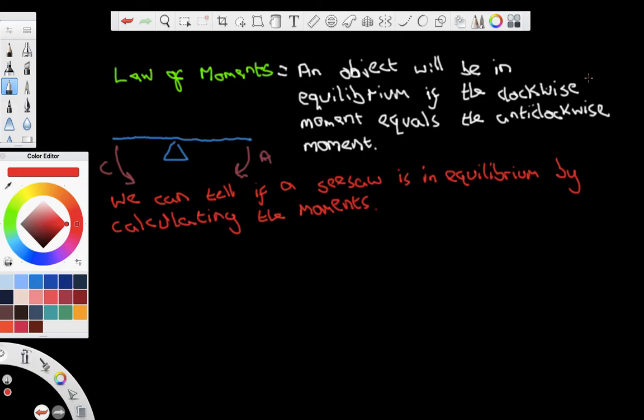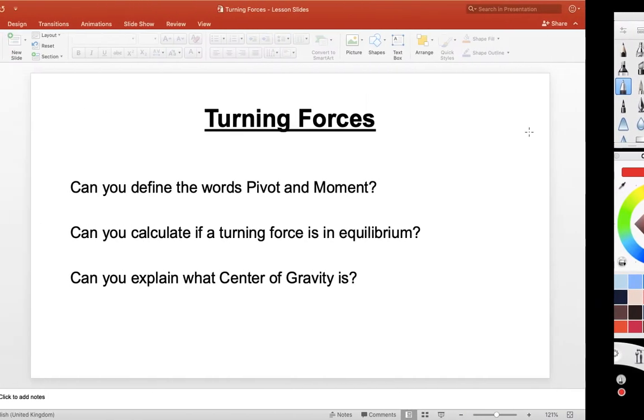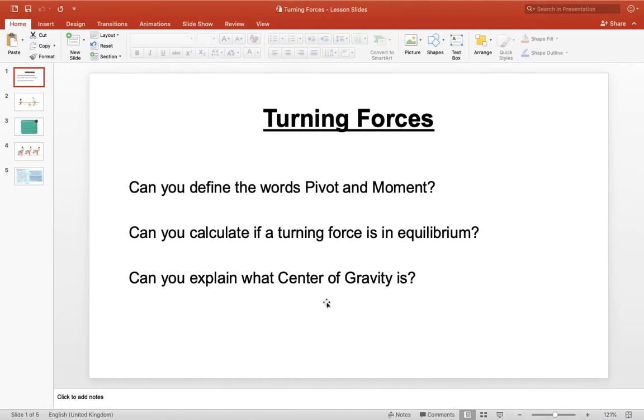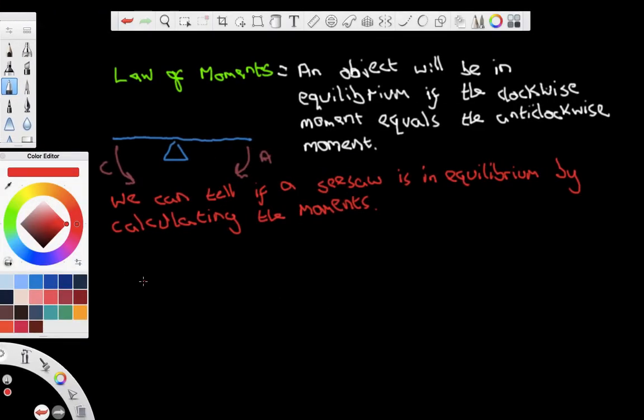Our final keyword and our final learning objective asks us to say what centre of gravity is. So our final part of this lesson, we need to have a look at the centre of gravity.